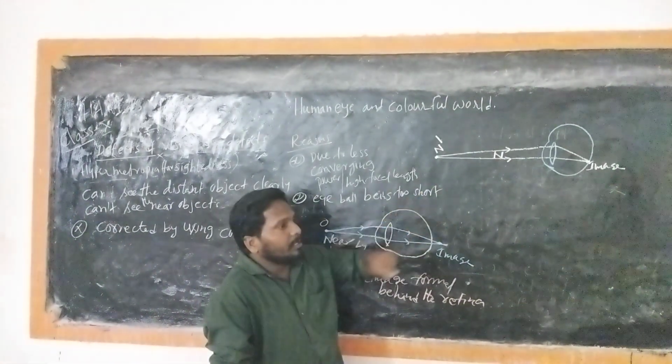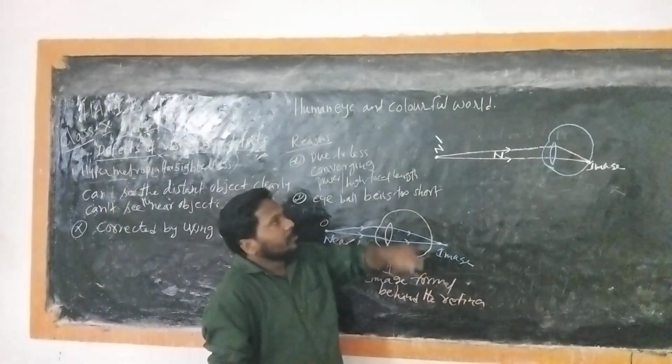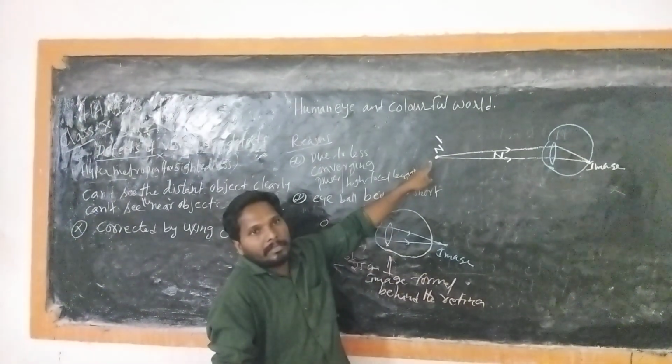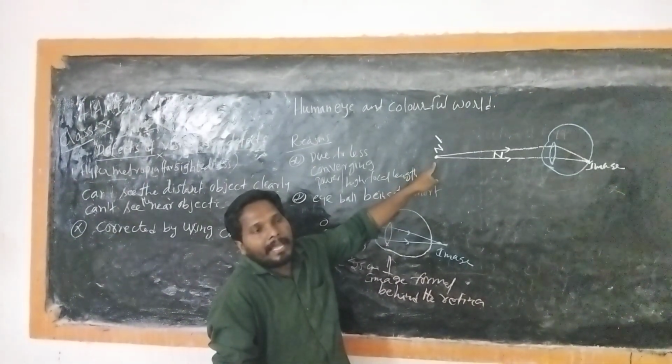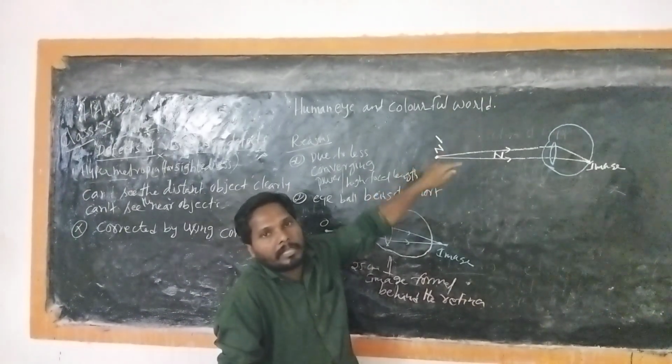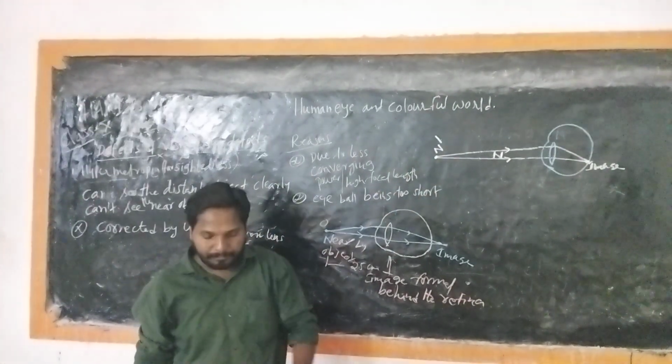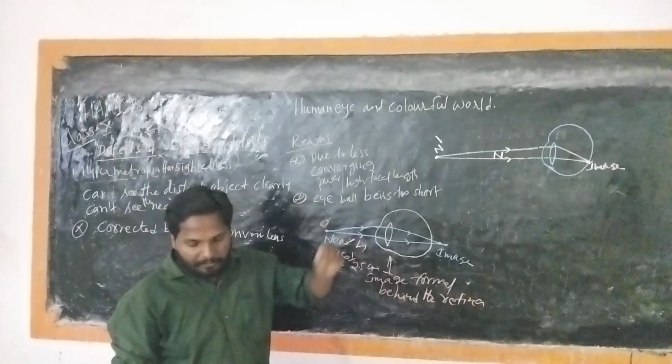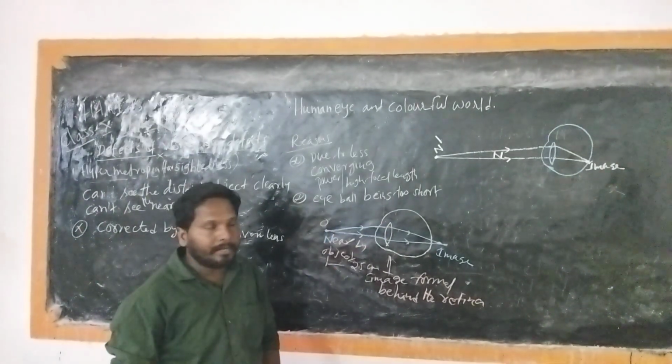So here N dash is the near point for the hypermetropic eye, far away from the normal near point N.